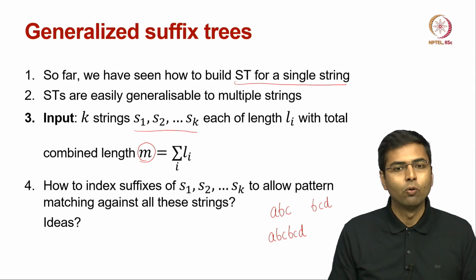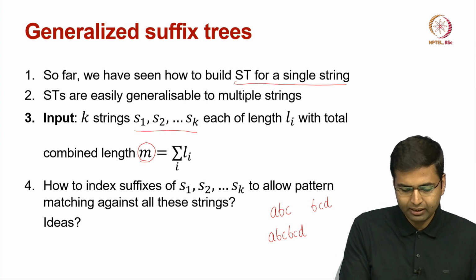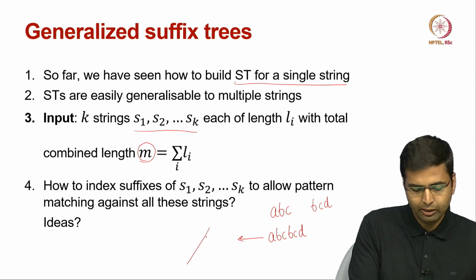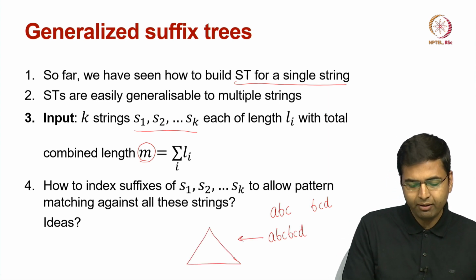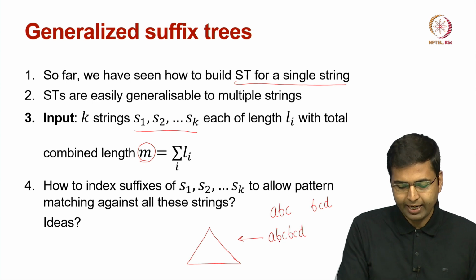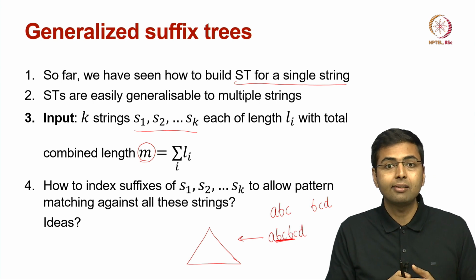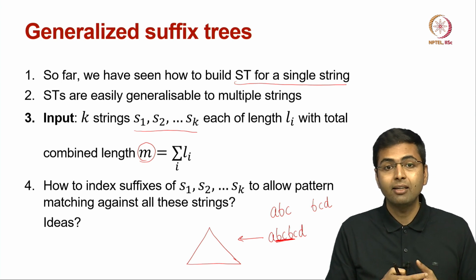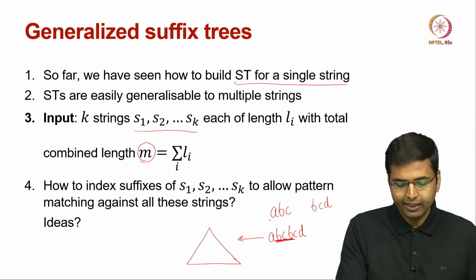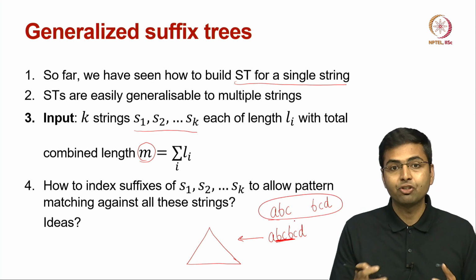Well, no, because if I build a suffix tree of this string and search for the pattern BCB, the suffix tree will tell me yes, BCB occurs as a pattern in the text, but observe that it does not occur in either of the original strings.